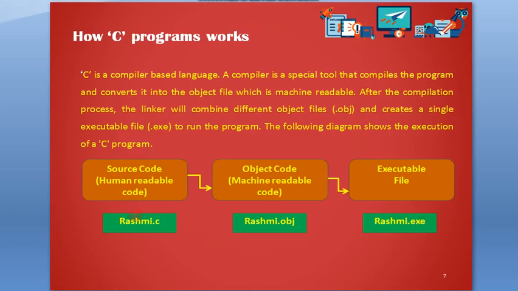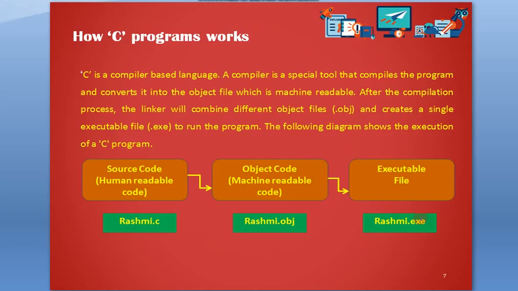So every file we make in C programming will have 3 files. The other 2 files automatically get created by the editor after it gets compiled, after it gets translated.